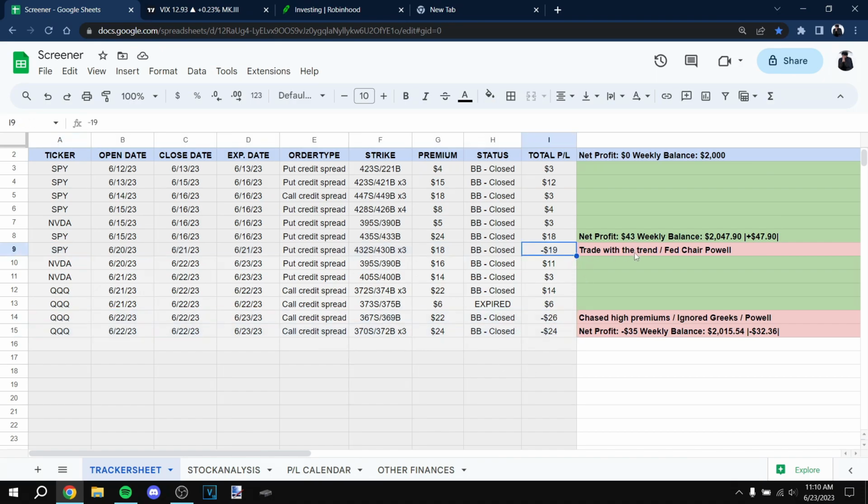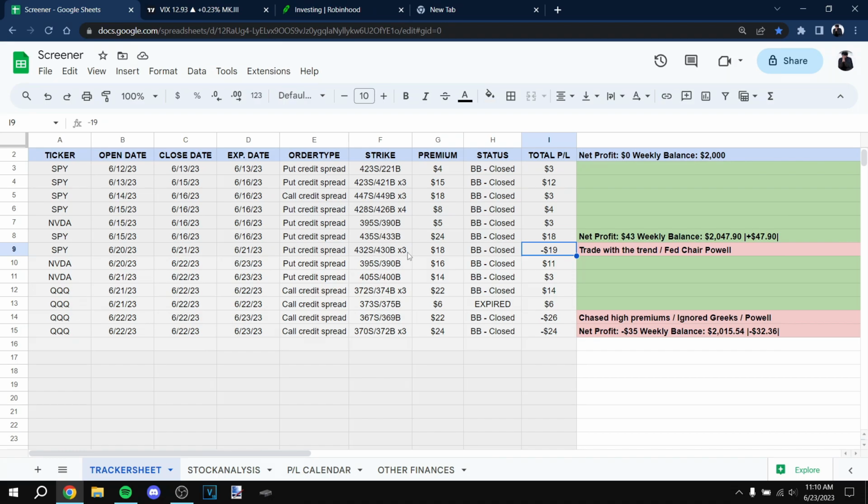I ditched SPY after that because the liquidity, the premium wasn't there anymore, and the criteria for me to get into a position wasn't there, but QQQ did.